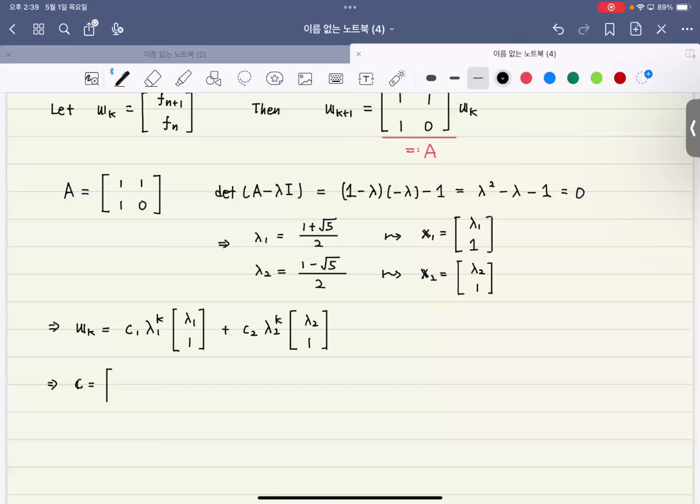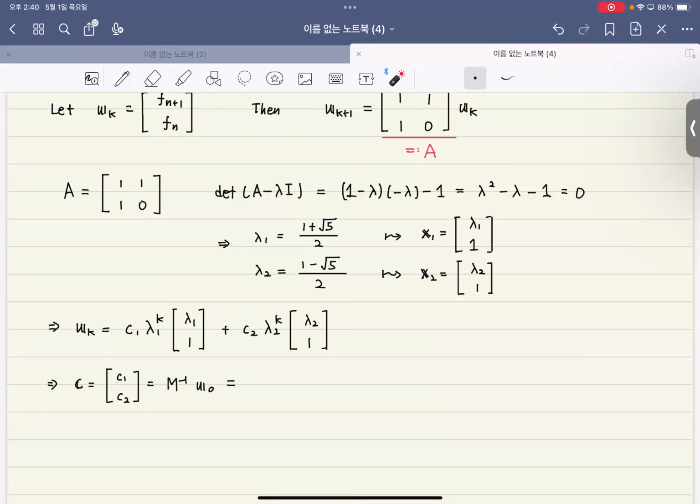C1 and C2, this column vector, is determined by the initial condition: M inverse times U0. What is M?